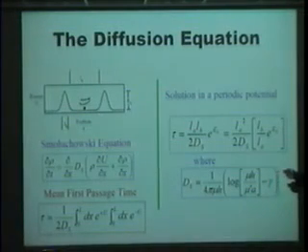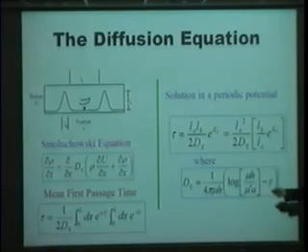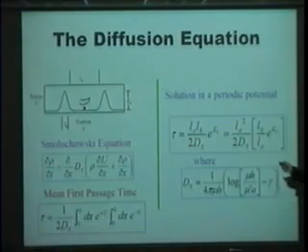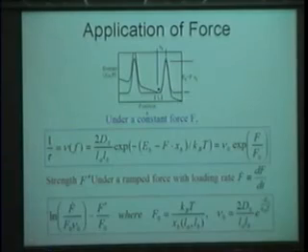Look at a particle trapped between 2 barriers. Look at the mean first passage time to cross one of the barriers, which is just solving a Smoluchowski equation. Then apply a force which tilts it. You can then calculate, if you now ramp that force as you go against it, the force increases with time.